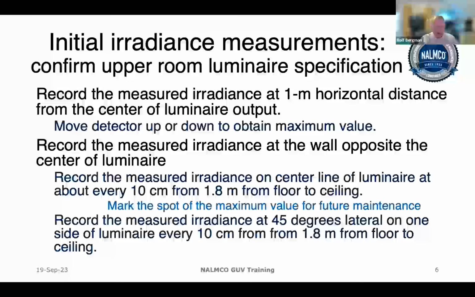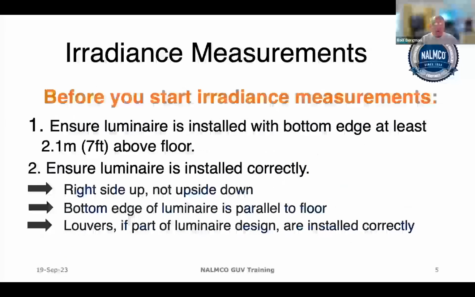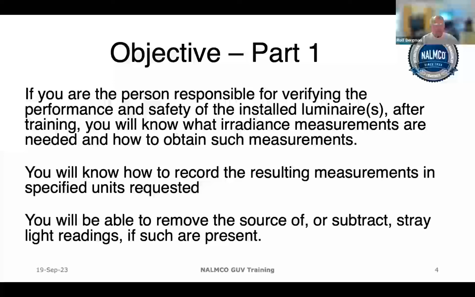You can use some judgment in where you make these measurements. These are simply to record the data of the output, the variation in output vertically, from a foot below the bottom of the luminaire, actually above 6 feet, all the way to the ceiling. So that's the first set of measurements.